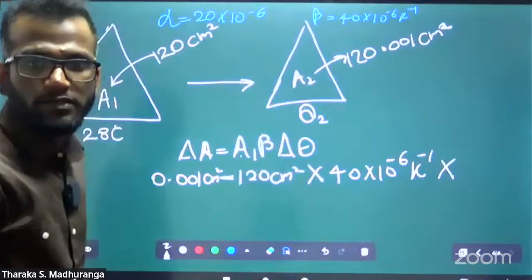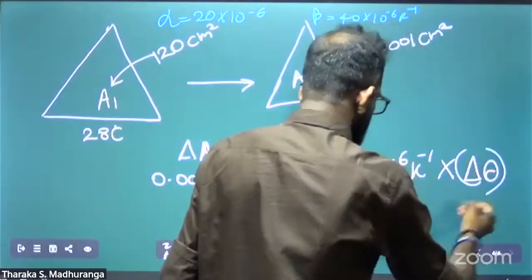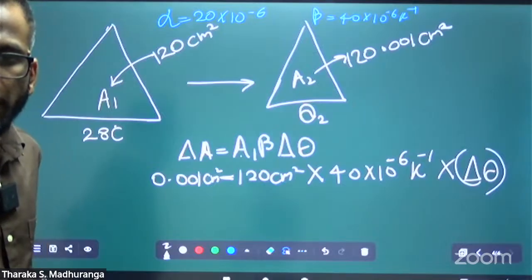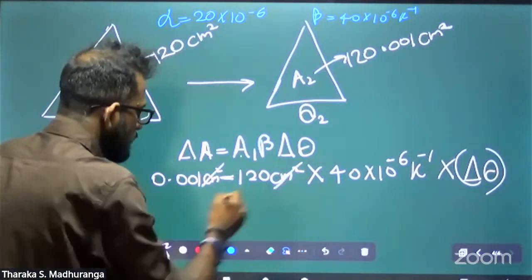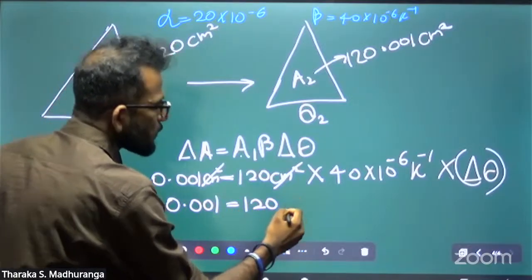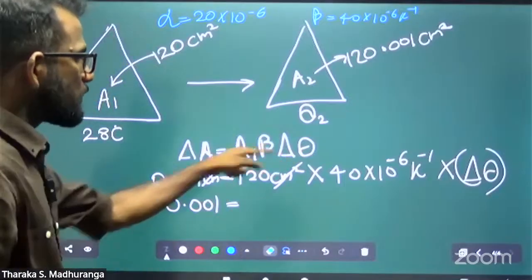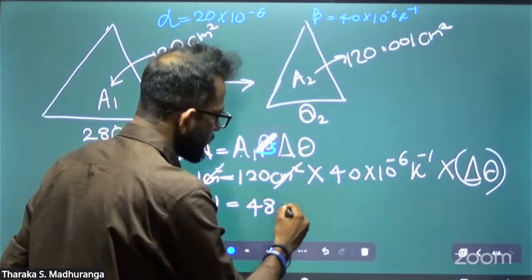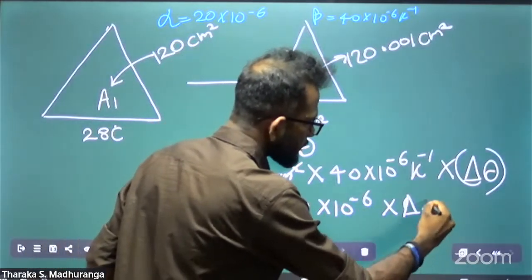We don't know the temperature difference, therefore it is delta theta. Centimeter squared cancels out. 0.001 equals 120 into 40, 12 into 4 is 48, 4800 into 10 to the power minus 6 into delta theta.